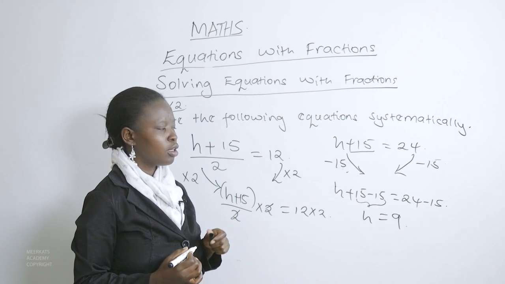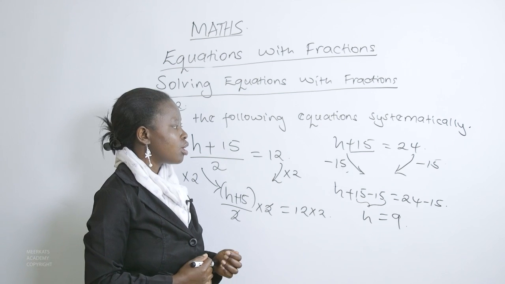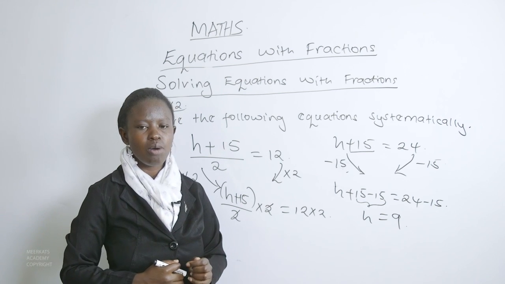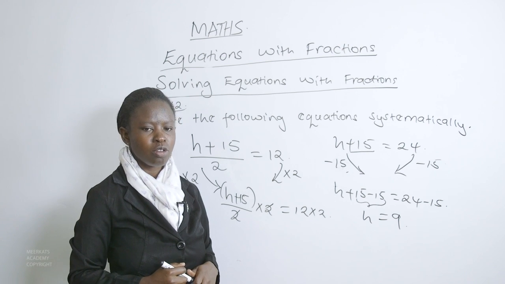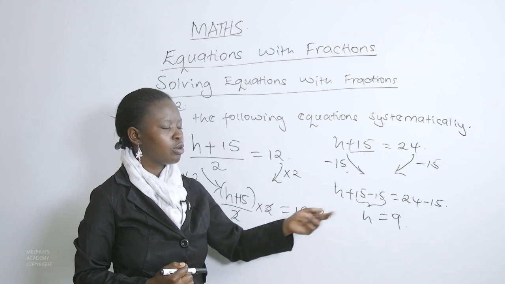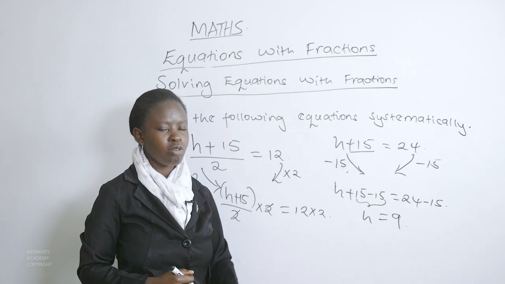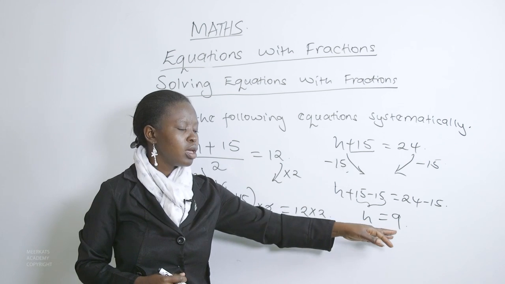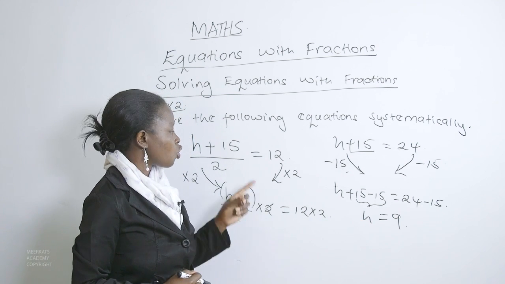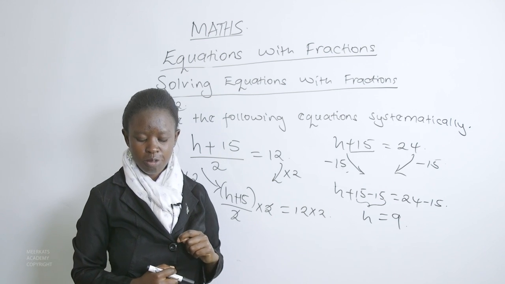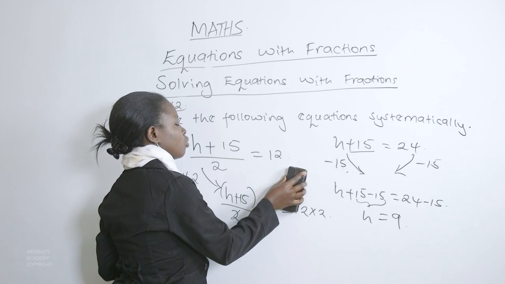Just to check if whatever we've solved is true or false, we substitute in our original information the value of our pronumeral that we've obtained. And our pronumeral that we have is h, and the value of h in this given equation is 9. So substituting in our original equation to find out if it is true or false, this is what we will do.